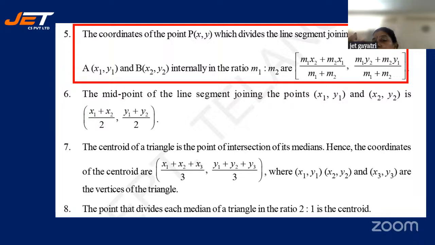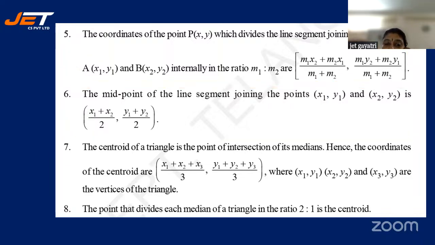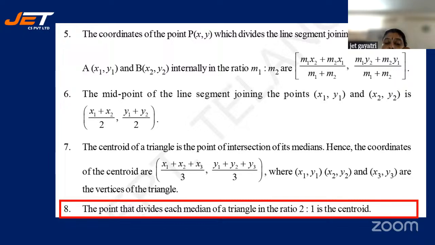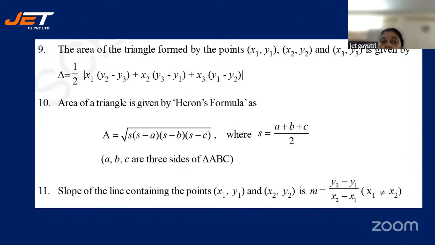The centroid is, you will add up all the x coordinates, x1 plus x2 plus x3 by 3, y1 plus y2 plus y3 by 3. Okay, right. Next, the point that divides each median of a triangle in the ratio 2:1 is the centroid. All right.